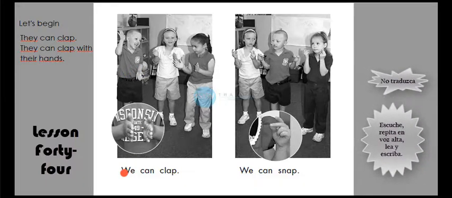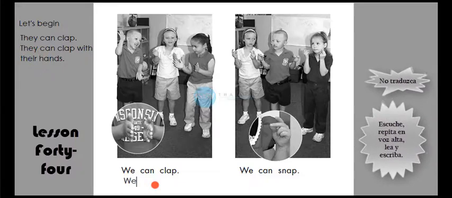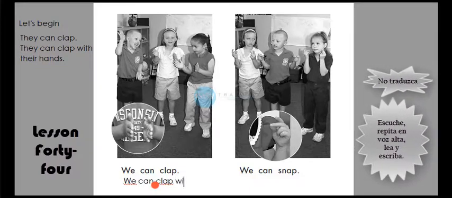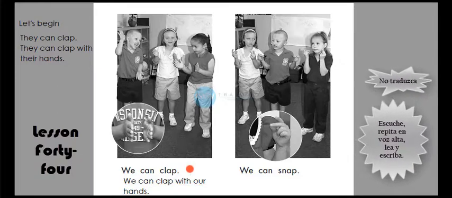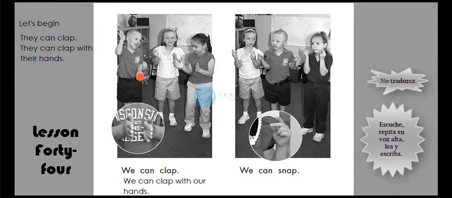Y tomando el lugar de la persona que habla, yo puedo escribir we can clap with our hands. Ahora yo estoy tomando el lugar de la persona que habla acerca del grupo.